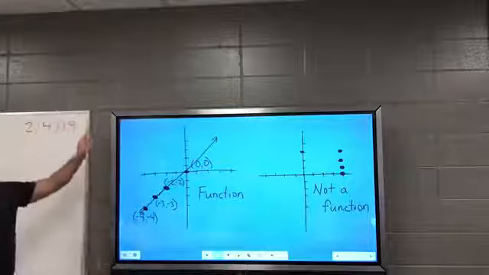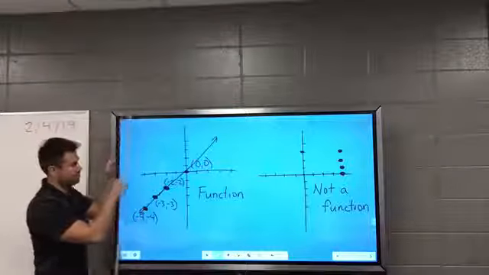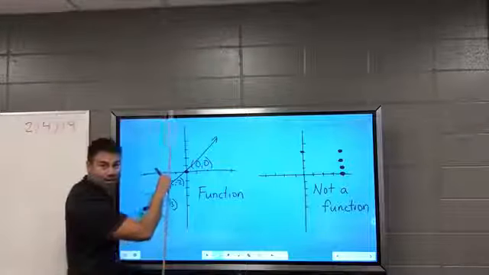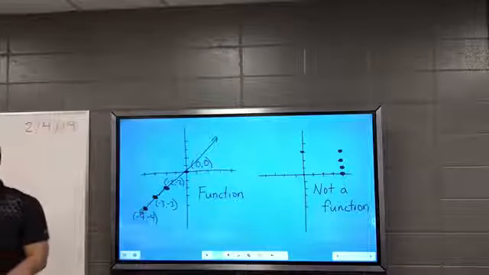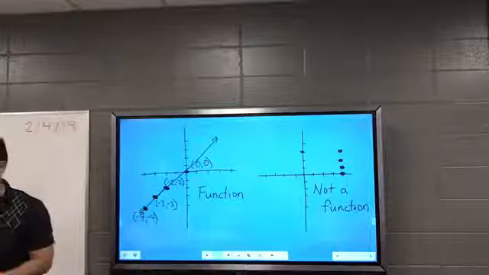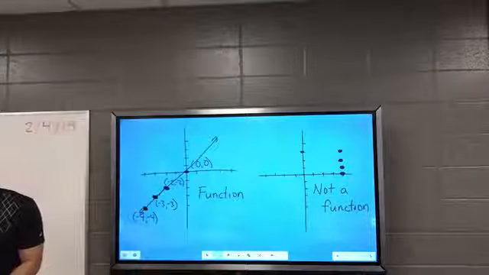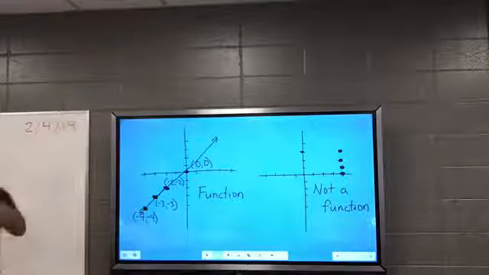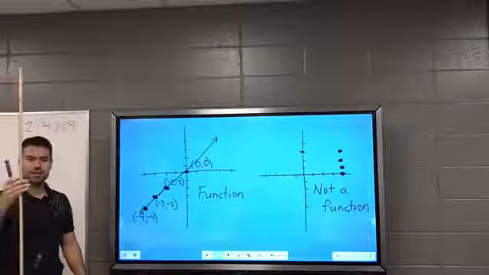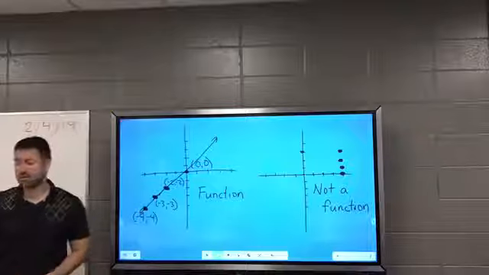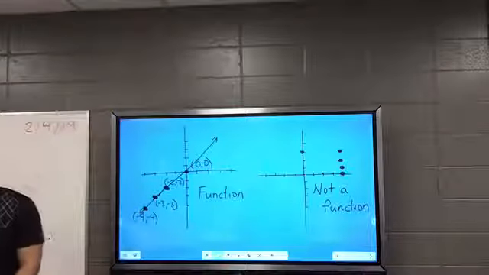Okay. Is it going to pass the vertical line test? Let's check it out. Yep, it's going to pass because it's never going to hit more than one at the same time. So A, is that a function or not a function? It's a function. Okay, what about B? Check B out. Why is it not a function? Because it hits more than 1 point at the same time.